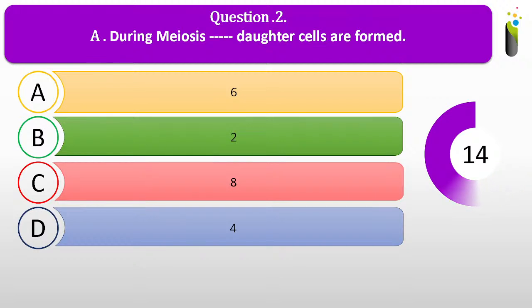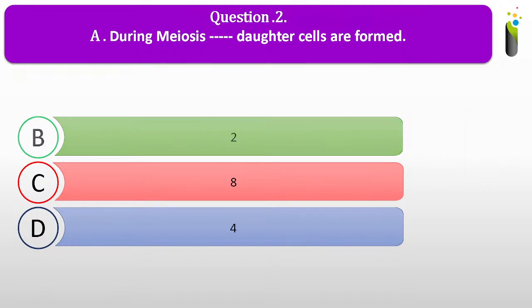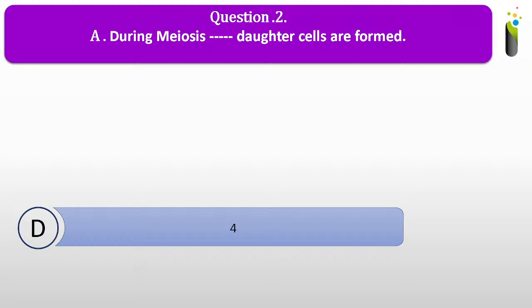And the correct answer for this question will be, try to recollect, in mitosis how many daughter cells are formed, and in meiosis how many daughter cells are formed. So let me remind you, in mitosis 2 daughter cells are formed, whereas in meiosis 4 daughter cells are formed.